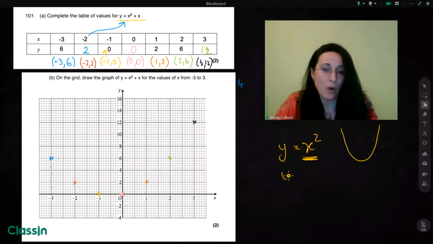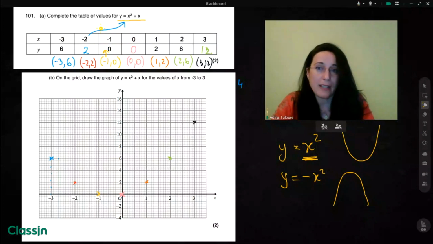And if y is equal to minus x squared, you will end up with a graph that looks like this, upside down like that. Okay, in our case, it's y equals x squared plus x. So the graph will look like this.